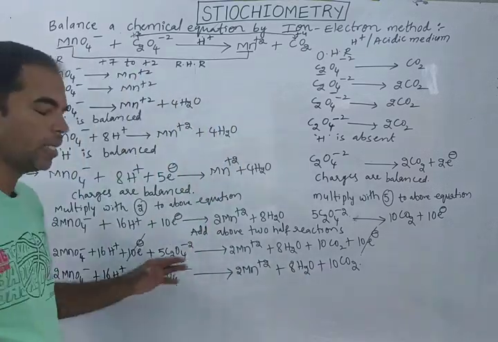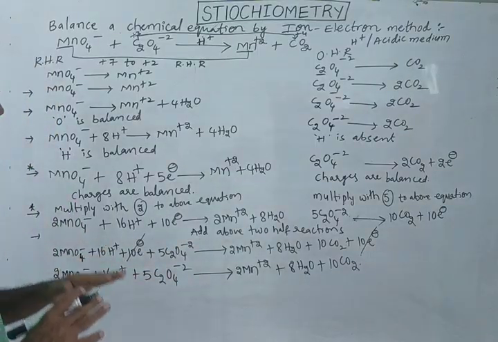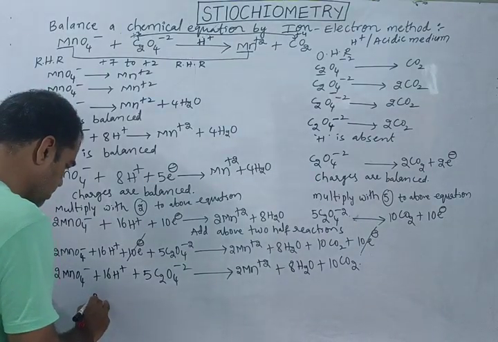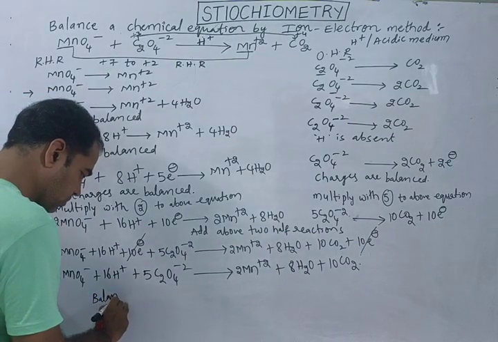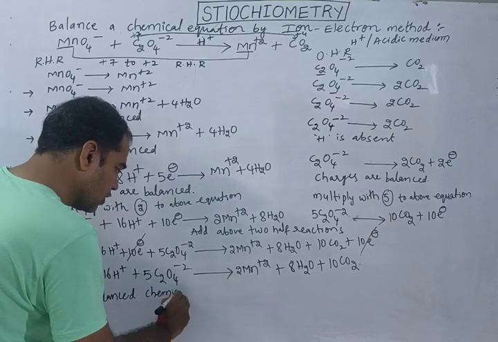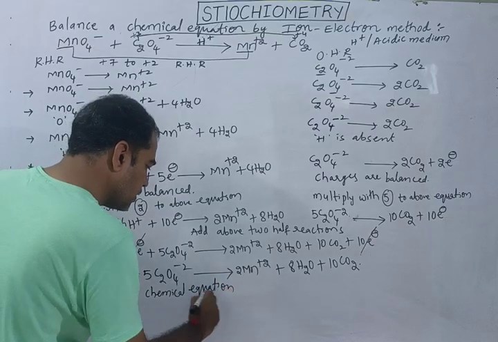Here each and every atom is balanced. So this is finally the balanced chemical equation. Is it clear?